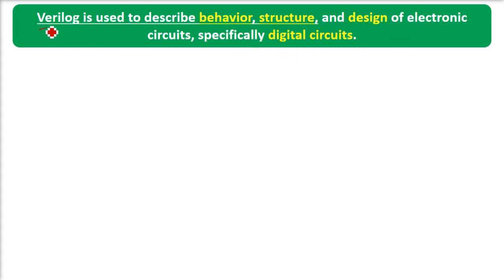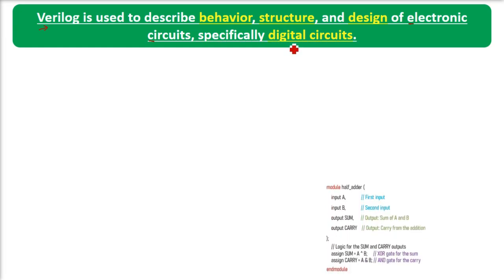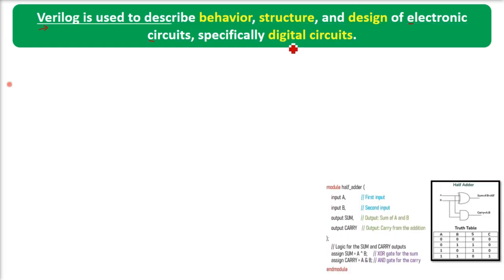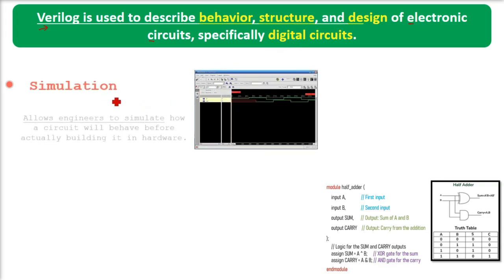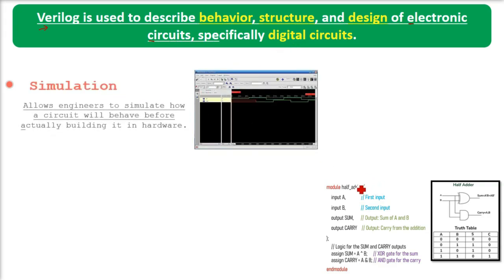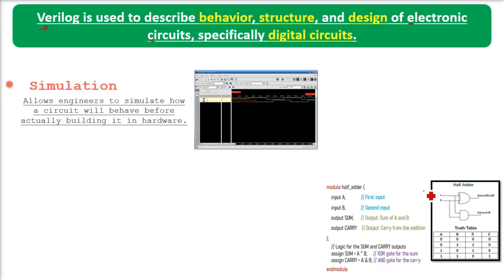So Verilog is used to describe the behavior, structure, and design of electronic circuits, specifically digital circuits. Simulation: it allows engineers to simulate how a circuit will behave before actually building it in hardware.